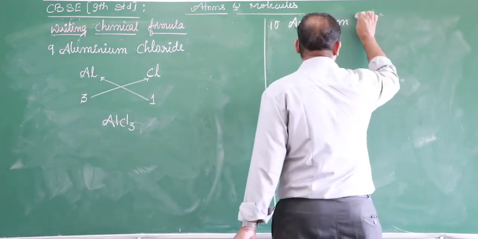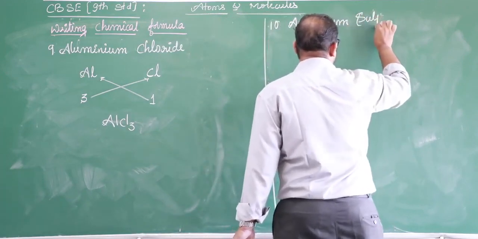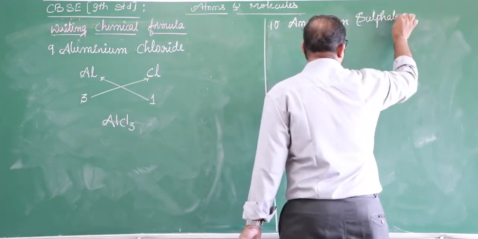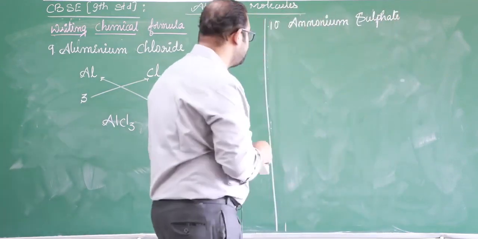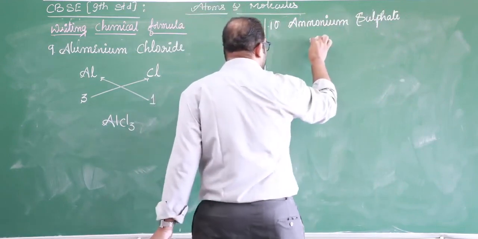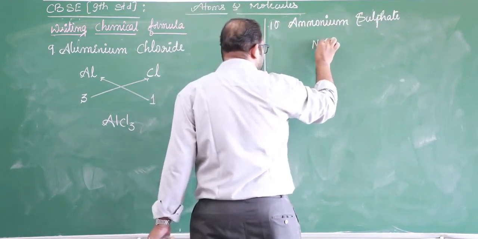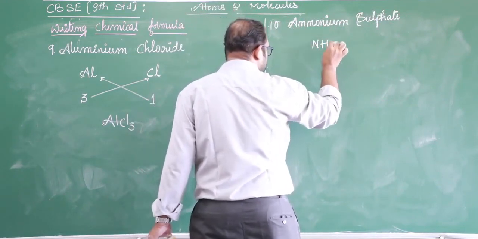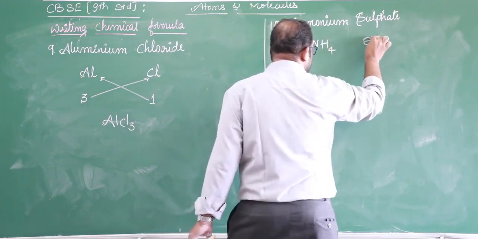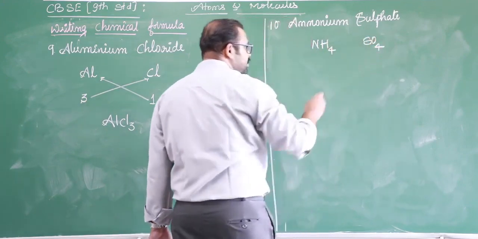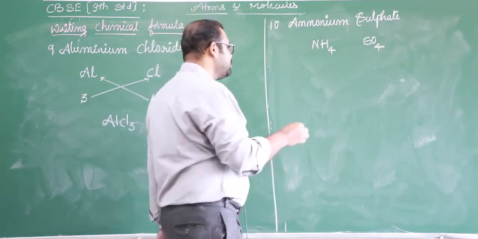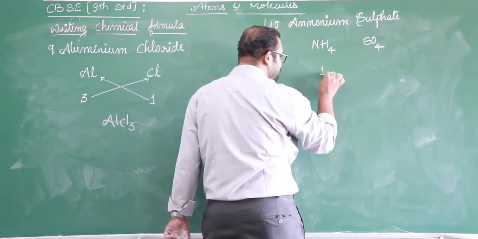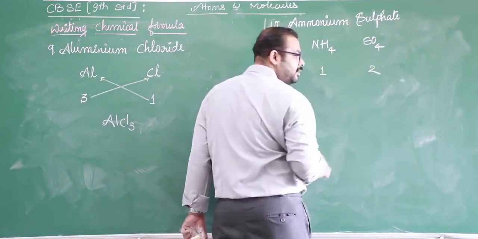Ammonium sulfate. This is a very important one. Now concentrate here. So ammonium symbol is NH4 and sulfate is SO4. Now look at here. Both of them are polyatomic ions. Now the valence of ammonium is 1 and sulfate is 2.